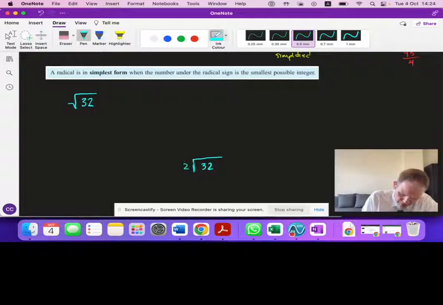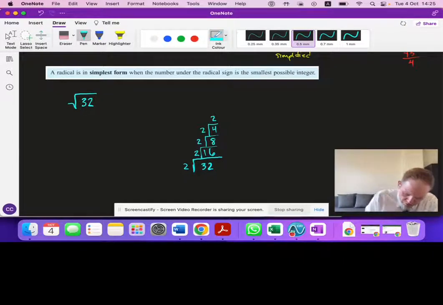I know 32 is divisible by 2, which would give me 16. I'm going to divide that by 2 again, and it would give me 8. Still good there with another 2, right? And that would give me 4, and then 2, and then the candle on top.